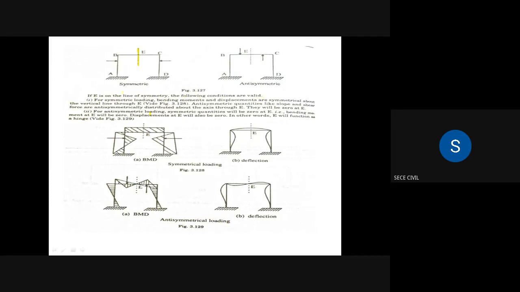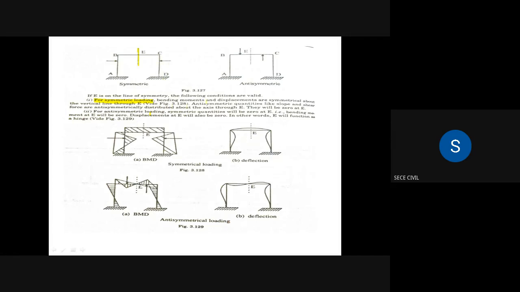The first point is for symmetric loading. So this is symmetric loading: in AB we are having one lateral load, and in CD we are also having one lateral load. It is a symmetric loading.